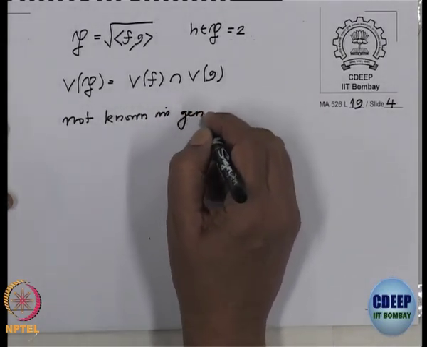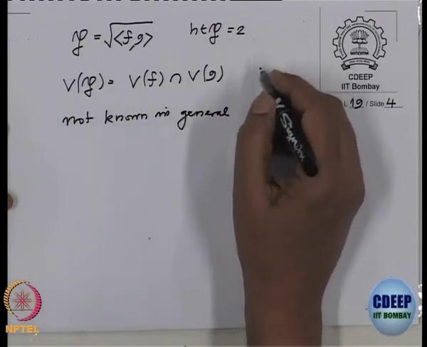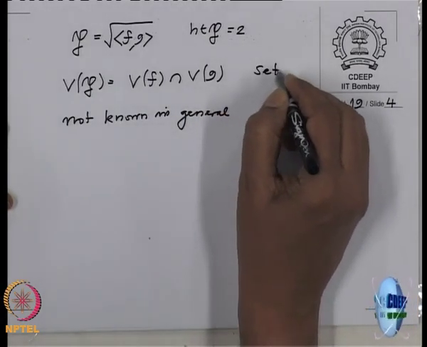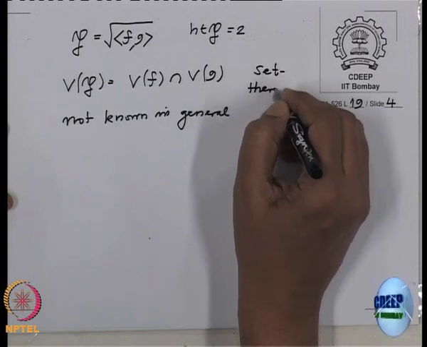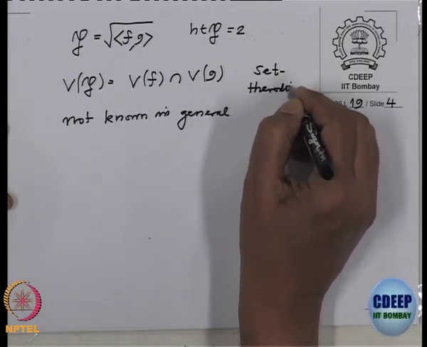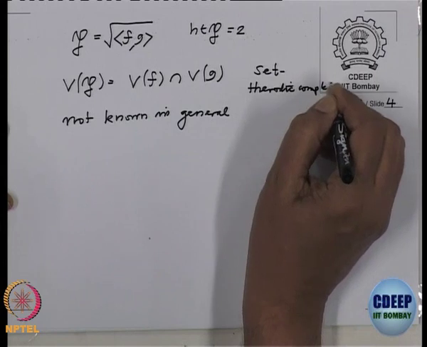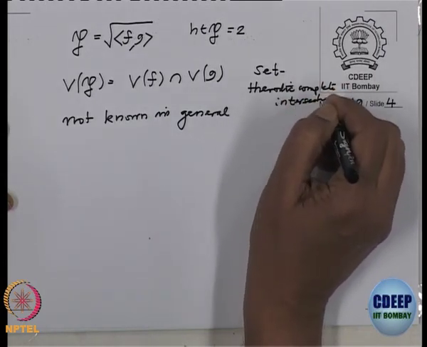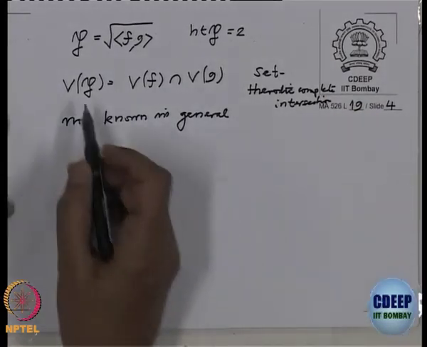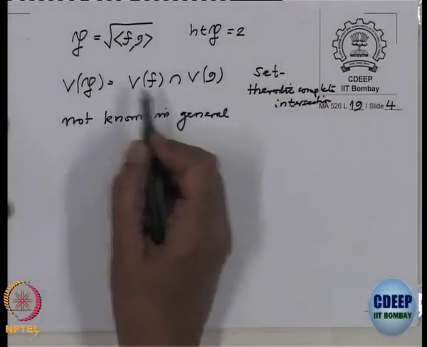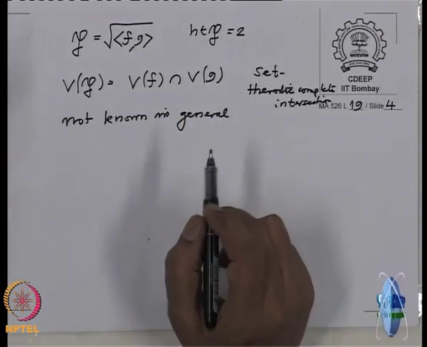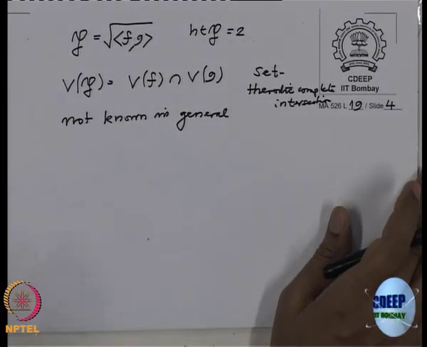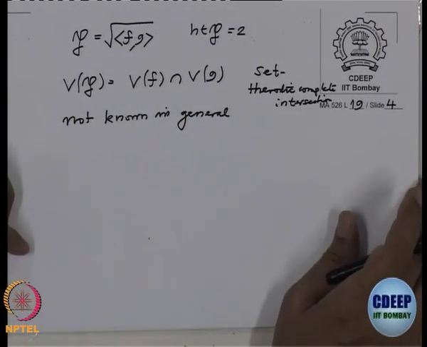This is called set theoretic complete intersection. It is only set theoretically, not ideal theoretically. Ideal theoretically, it is easier to give examples.